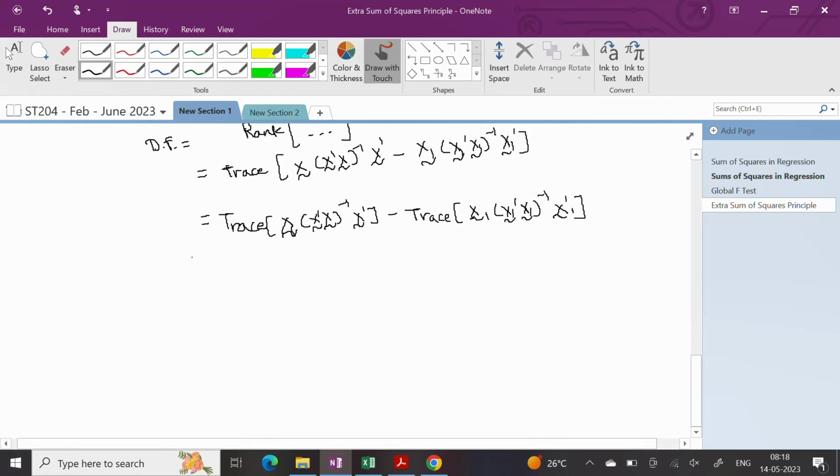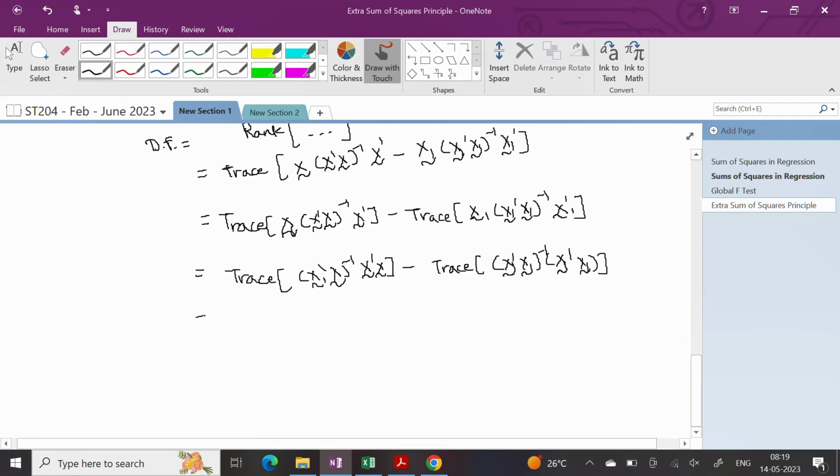We will use the properties of trace. So this is the same as trace, by cyclic reshuffling, of X prime X inverse X prime X minus trace of X1 prime X1 whole inverse X1 prime X1, correct?